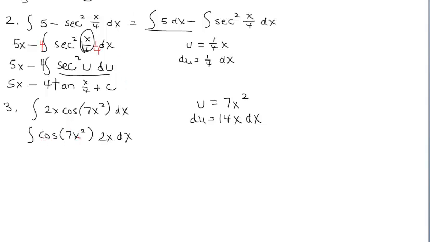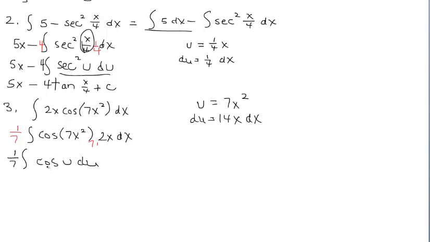This integral will become cosine of u, which we can integrate back to sine, but we need this to be a 14, so let's multiply by 7. 7 times 2 is 14. And if I bring in a 7 multiplier, I have to bring out a 1/7. So we have cosine of u. All of this will be replaced with du.